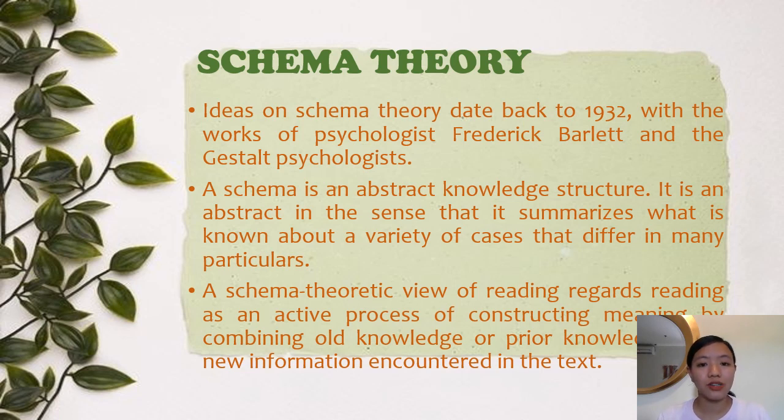Any text, either spoken or written, does not by itself carry meaning. Rather, according to schema theory, a text only provides directions for listeners or readers as to how they should retrieve or construct meaning from their own previously acquired knowledge structure. And they are called schemata.